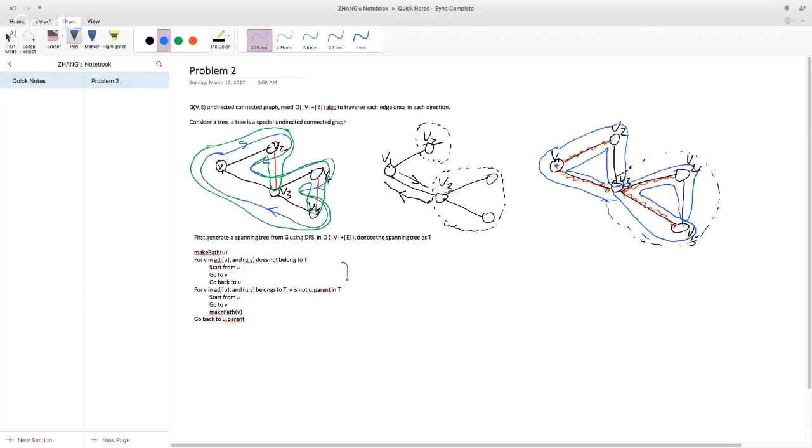So for this part, it is all once. And yeah, that's it. So altogether, the whole algorithm is O(V plus E).